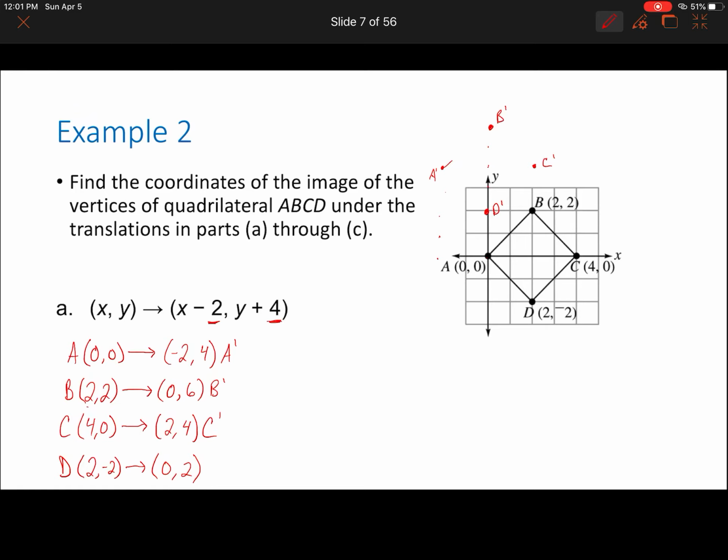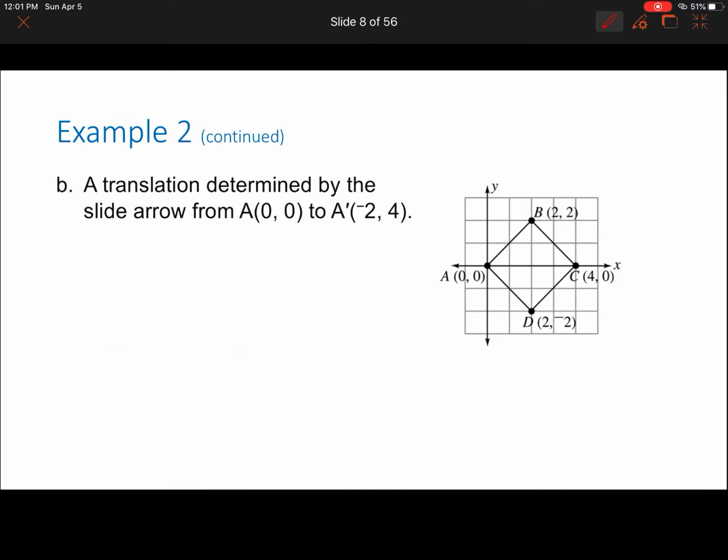And again, when you connect all those, you can see that you do have this same square. It's just been shifted over, left 2 units and up 4 units. Again, this is D prime. So if you have any questions about that one, let me know. Hopefully that won't be too much of a problem.